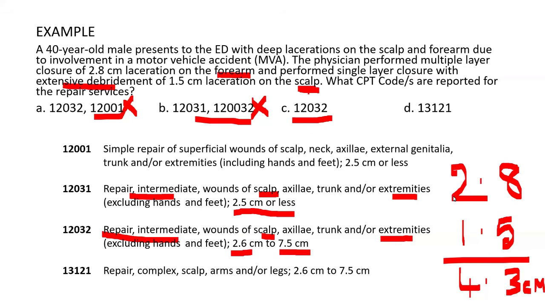As we have added the intermediate repairs together because they are falling in the same group, it is totaling to 4.3 centimeters. 4.3 centimeters falls into this range, and 12032 is the correct answer.